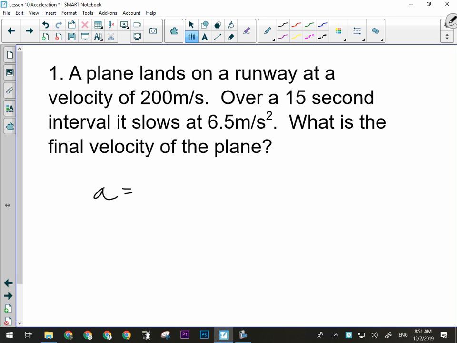Because it's the change in velocity over time, it can be calculated by taking, oddly enough, not VF minus VF, but the change in velocity divided by time. And when we do that, what units do we get? Meters per second squared, which is another way of saying meters per second per second, which shows us the rate at which our velocity is changing. This many meters per second every second.